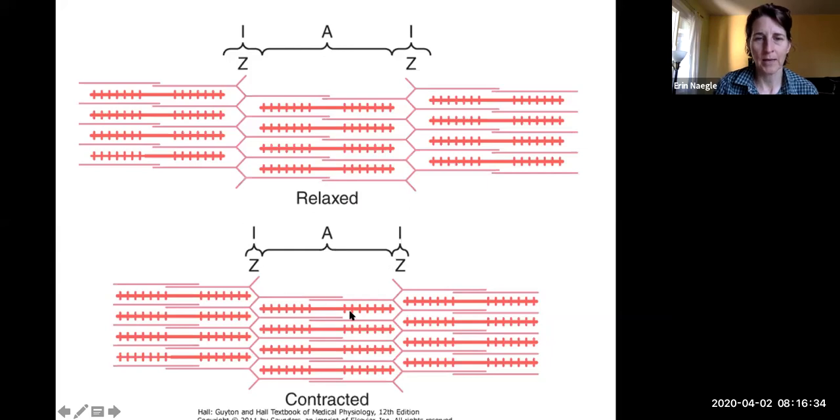So the length of the myosin isn't changing, but our I band is getting smaller because the actin is overlapping more in the middle towards the M line. That causes the H zone to totally disappear, and our I bands get reduced, but the A band stays the same because the actin and the myosin aren't actually getting shorter, they're just overlapping each other more.